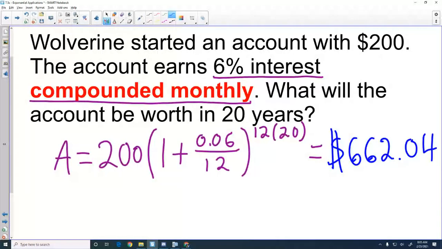Because of order of operations, it thinks, oh, raise it to the 12th, hit enter, then multiply that result by 20. You want to do 12 times 20 first, get that exponent, then raise it to that new exponent. So that's why you want to group it with parentheses on that calculator. You're welcome. Everybody else okay? Everyone else good at home? We're all right? Cool.